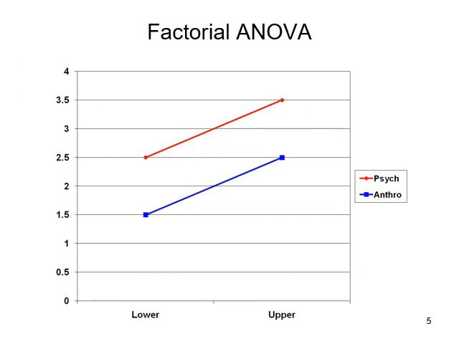Again, we can often visualize this just by looking at the factorial ANOVA, and this would be a good example of two main effects but no interaction. If we look at the difference between upper and lower classmen, we see that regardless of whether you're in psychology or anthropology, one of our IVs, the second IV, whether you're a lower classman or upper classman, we're basically looking at the scores 0 to 4, GPA in this case.